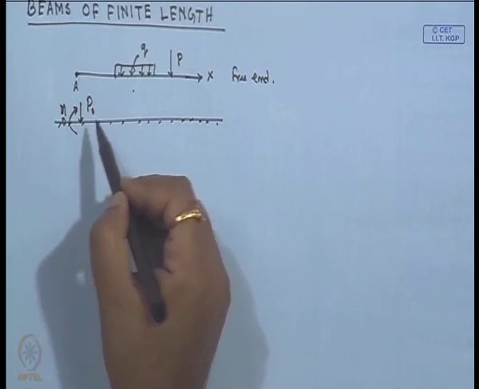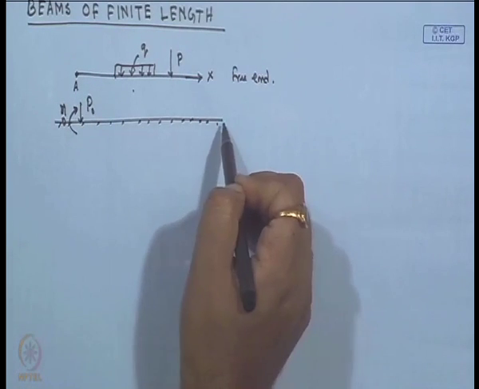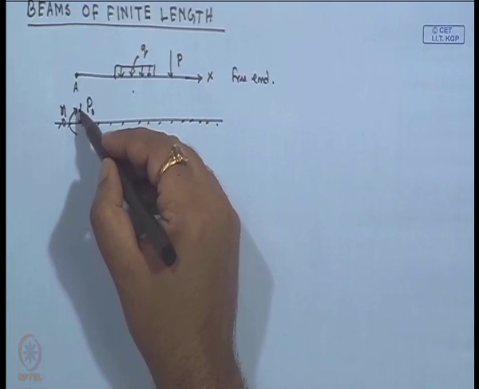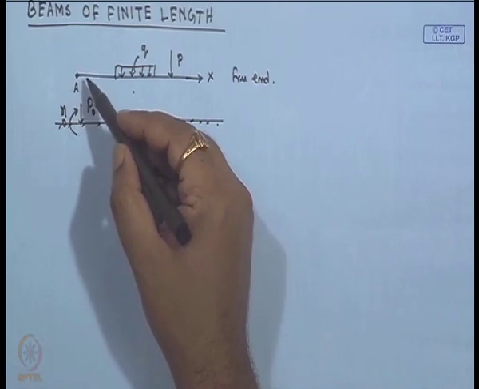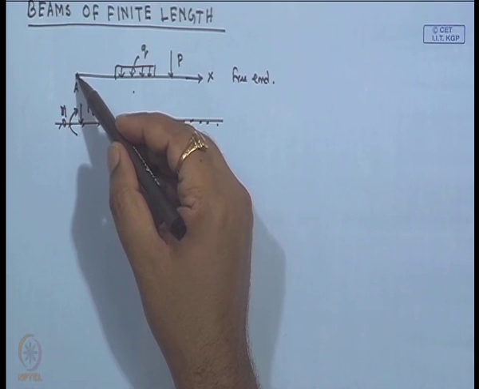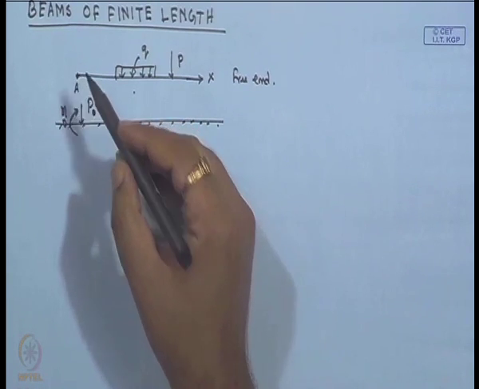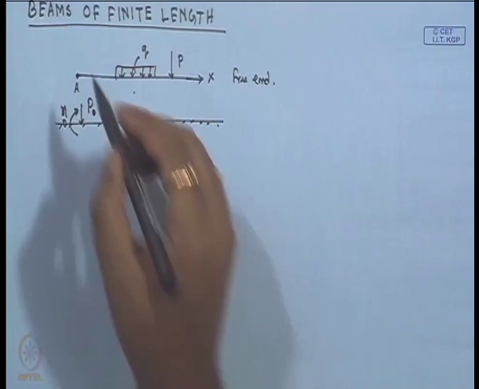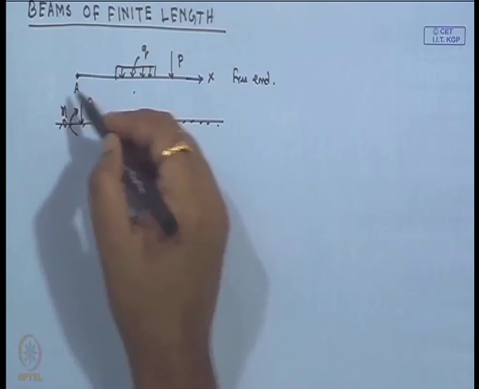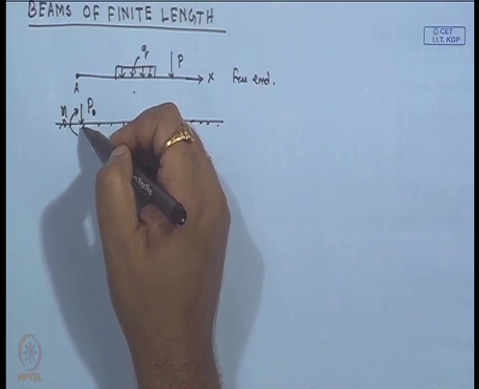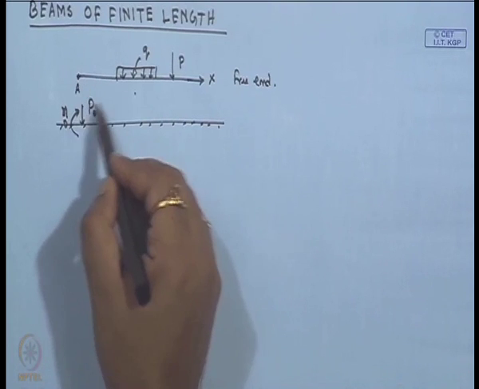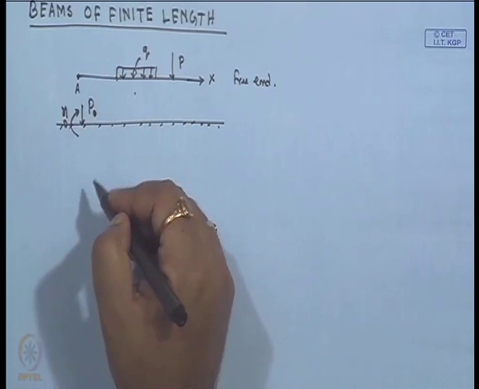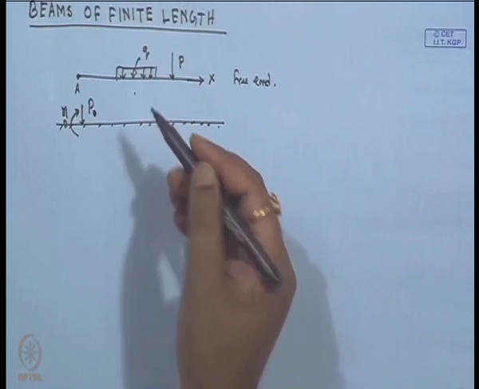Now, to make this point behave as the end of a semi-infinite beam, you apply this moment M0 and load P0 such that it will produce a moment minus MA and minus QA shear force, so that the net moment and net shear force of this infinite beam at point A is 0. Then it is equivalent to a semi-infinite beam, and we can derive the expression.